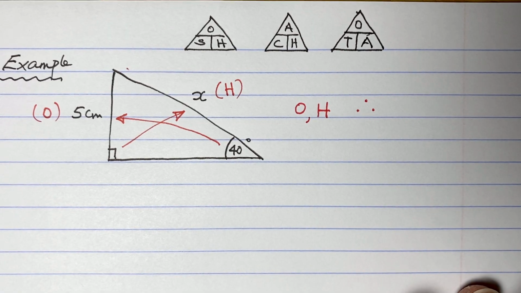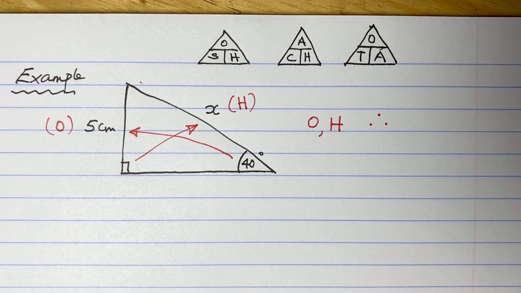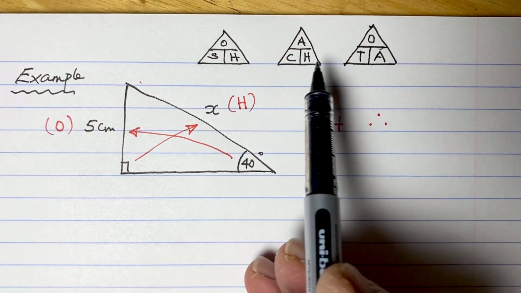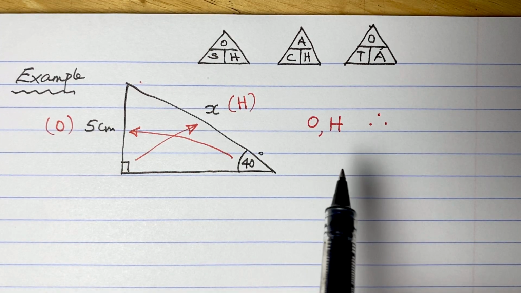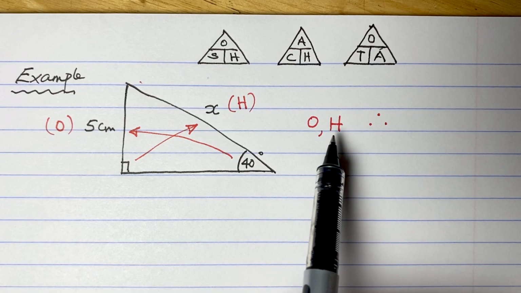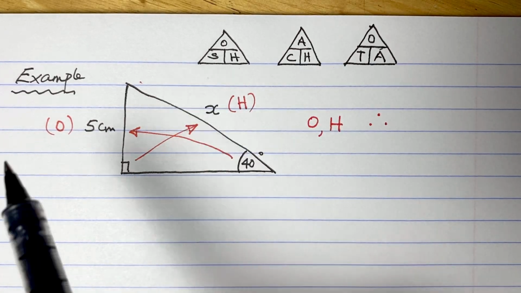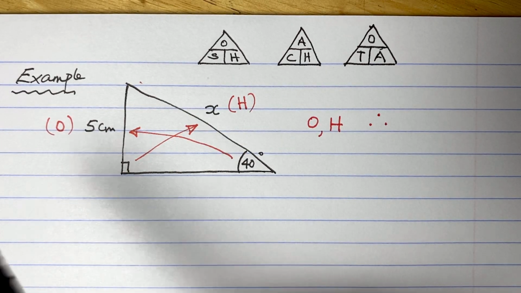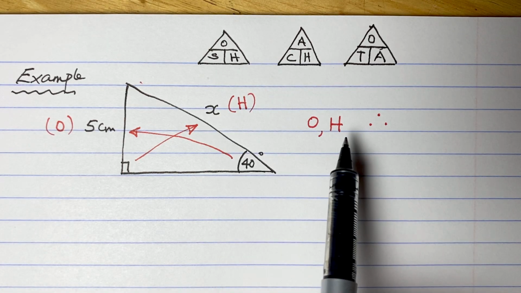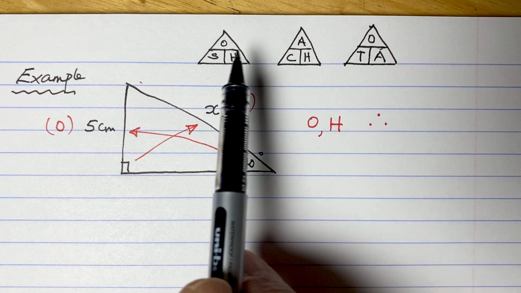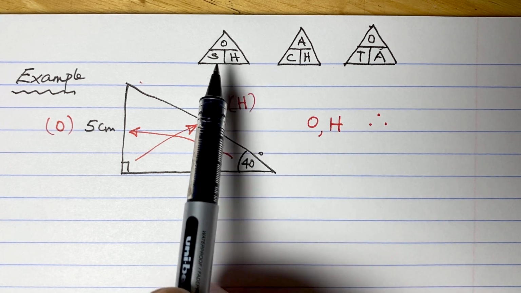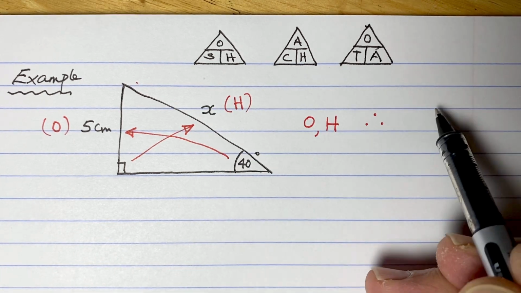When you go to an exam, knowing you're going to have a trigonometric question, you need to construct this before you start. So I'm looking here: which two letters appear in any of these triangles? Which triangle has got O and H in it? C has A and H, T has O and A, S has O and H. So I'm looking for SOH.